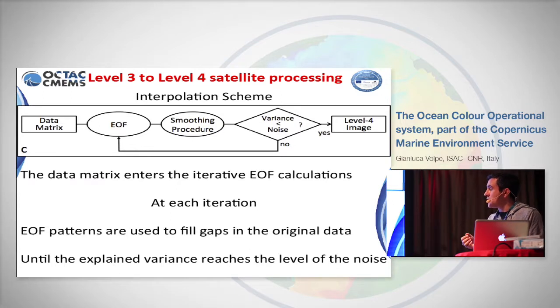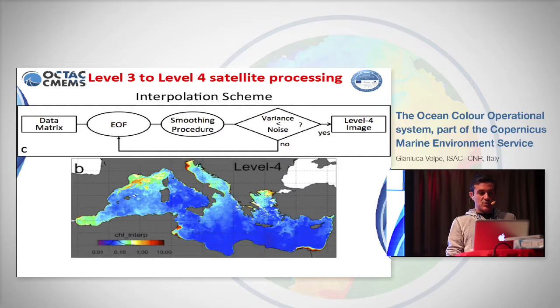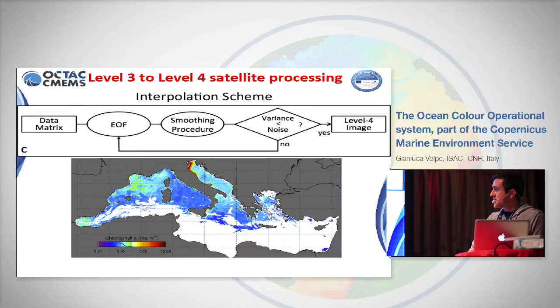So we don't want to oversample our data, so as not to introduce a kind of salt and pepper effect in the output image. So this is the original level 3 output from the level 2 to level 3 processing, and this is the output of the level 4. This is another example of level 3 filled with this method generating the level 4.